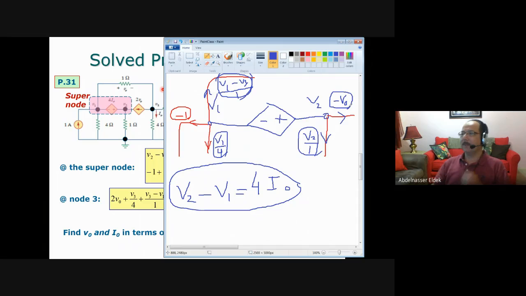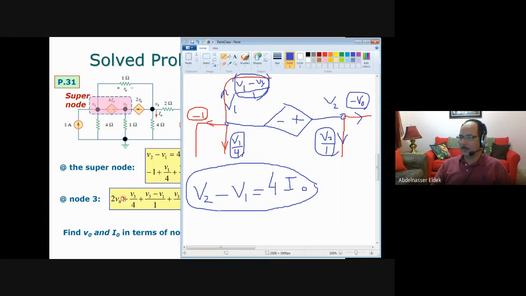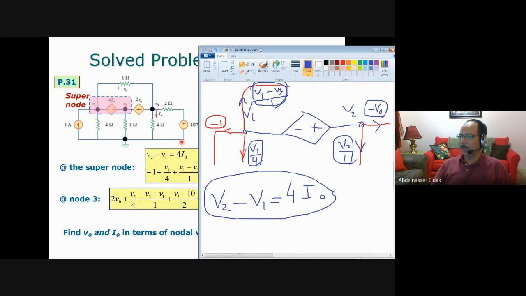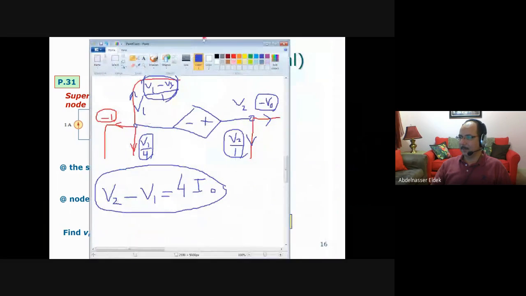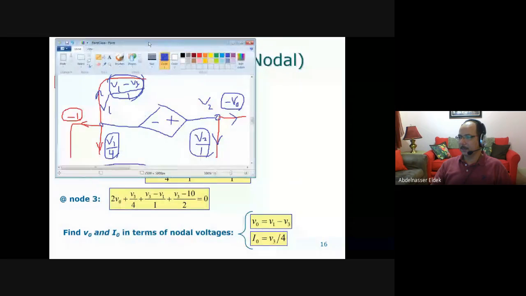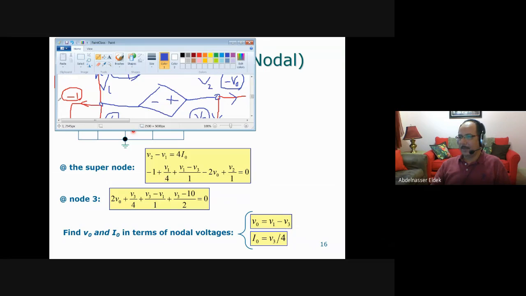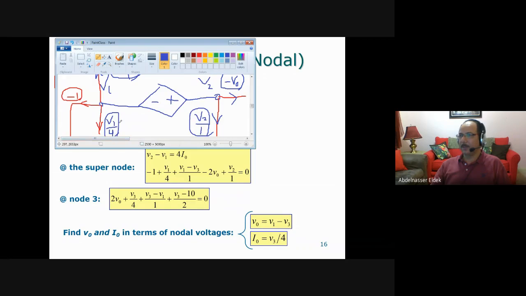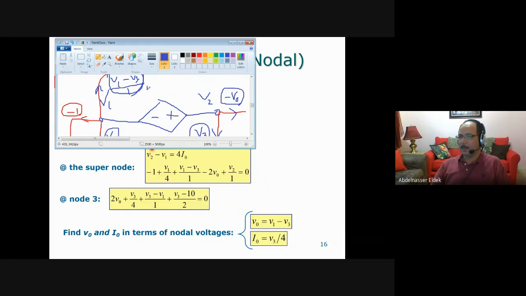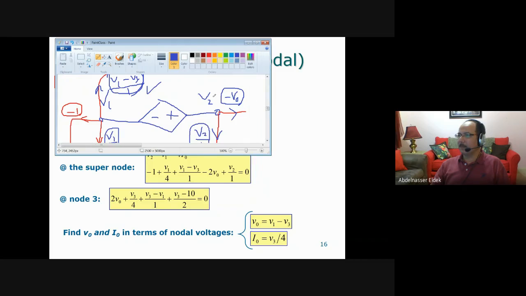You add them together. This will give you this equation. So you have -1, then this current is V1 over 4, and the third current, which is V1 minus V3 over 1, and then you have this current that is -2V0, not V0, -2V0, and the last one is V2 over 1.